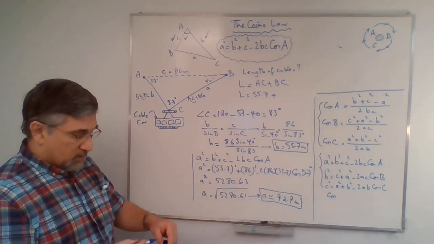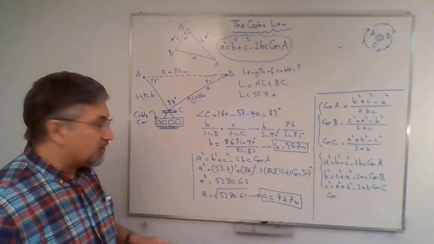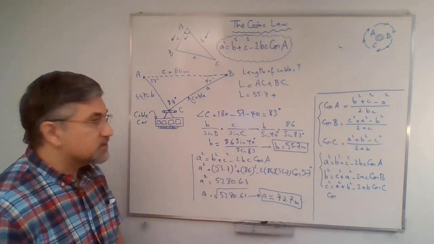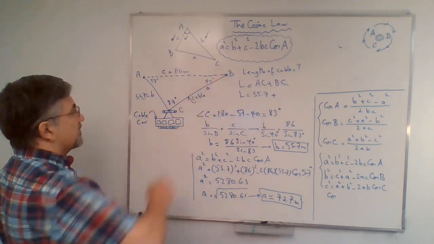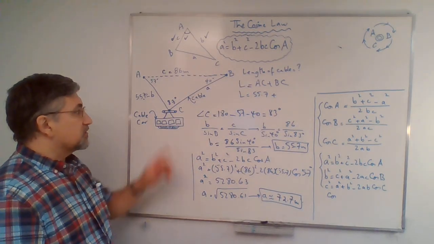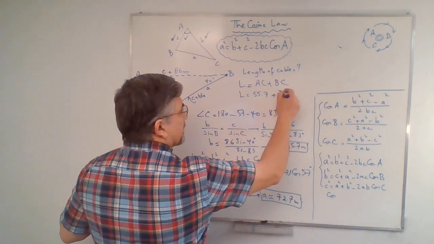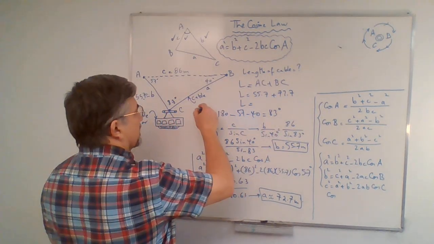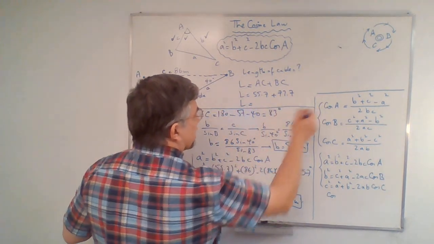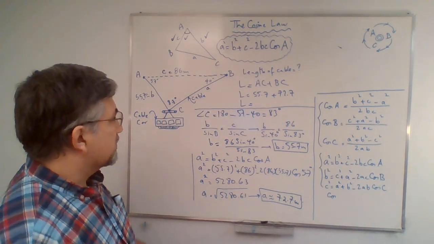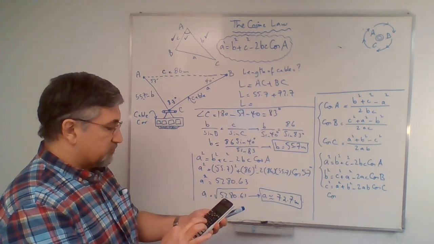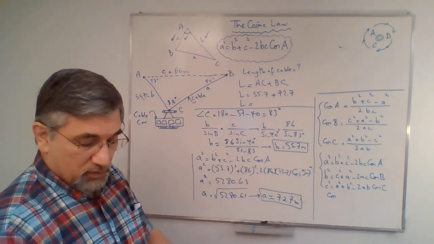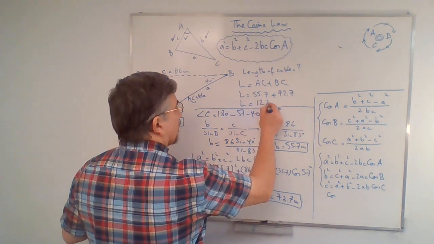Now, if you use sine law instead of cosine law, you would get the same answer. So there are multiple ways of doing these trigonometry problems. You can use sine law, or you can use cosine law, as I did, and get the same answer. So now that we found the length of cable BC, I can write it down here, and now I simply add them up, and this would be the final answer to the question. 55.7 plus 72.7 gives you 128.4.